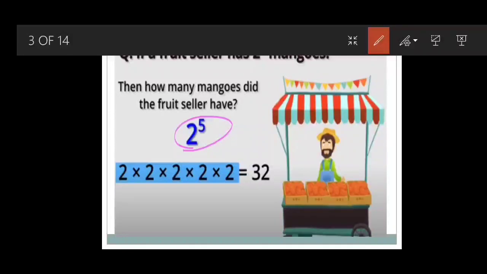That means the number 2 is multiplied by itself 5 times. So we get 2 into 2 into 2 into 2 into 2, which is equal to 32. So the fruit seller has 32 mangoes.